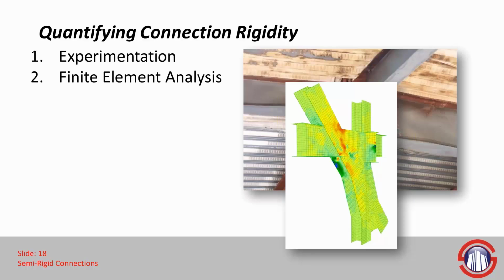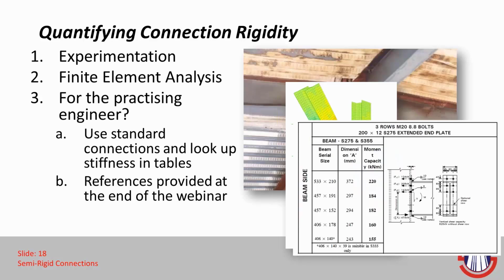You can convert your members into shell elements at connection locations to study the connections and their stiffnesses. Now, for the practicing engineers, or most engineers, I should say, they'll use a standard connection type, and their stiffness can be found in connection tables.